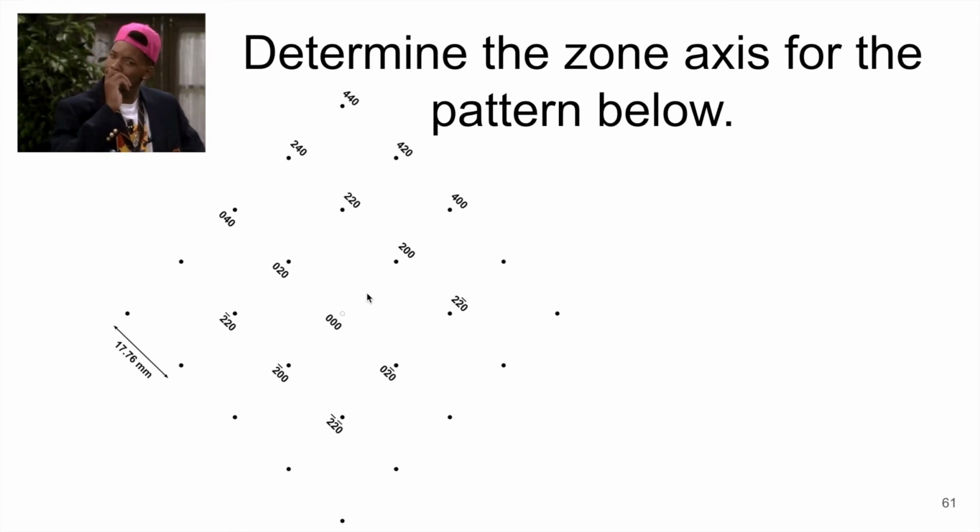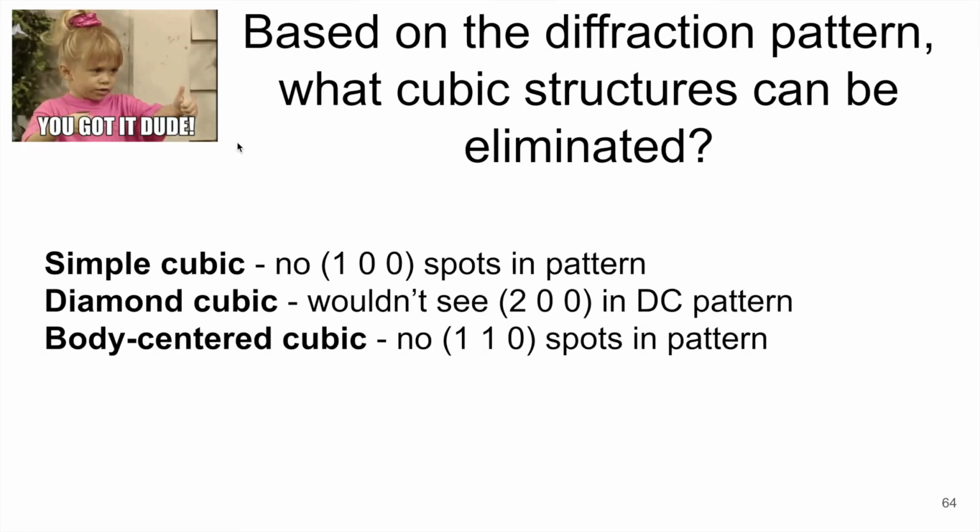If it was a 1, 0, 0, you'd expect it somewhere here, right? Again, because of the same rule with the geometry of the crystal. But we don't see that 1, 0, 0. So in effect, since there is no 1, 0, 0 spot, and we would expect to see it with this zone axis, this tells us that it's not simple cubic. So from the process of elimination of what peaks aren't there, we can get that it's not simple cubic.